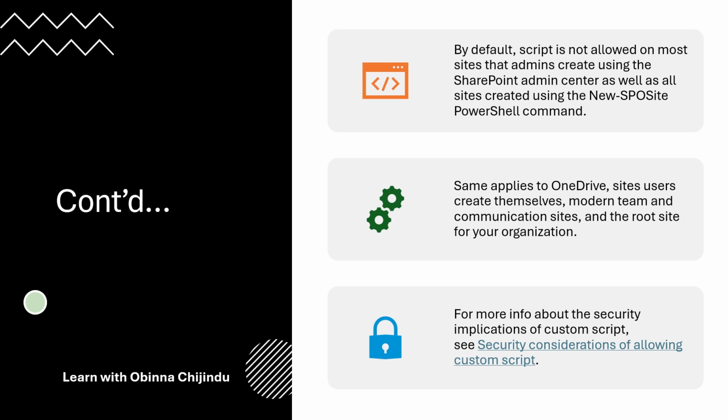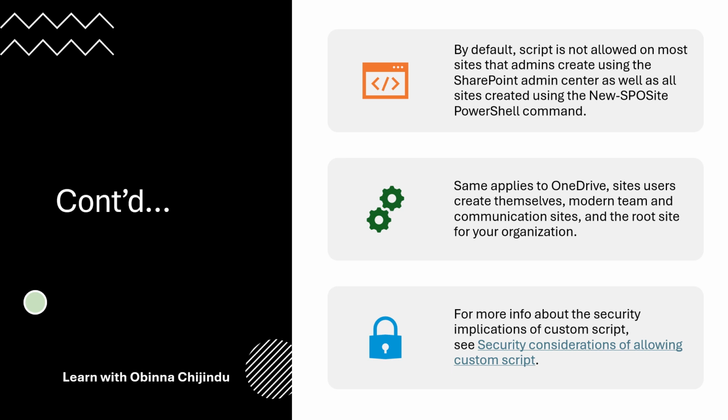For example, if I purchase an enterprise subscription of an E3 license, and I give the name of the tenancy Obina, automatically SharePoint would take the name Obina as the root site.